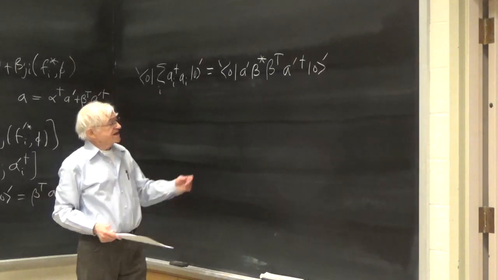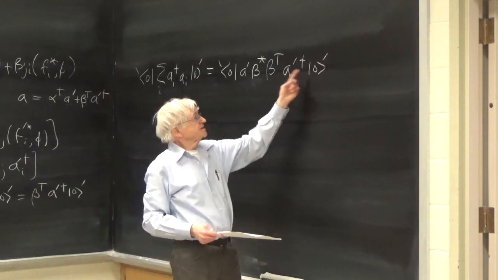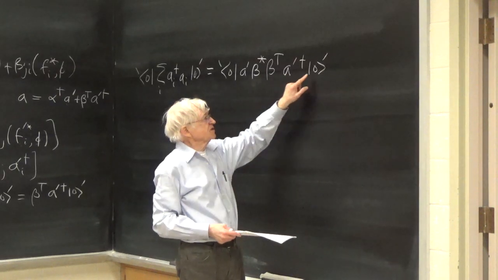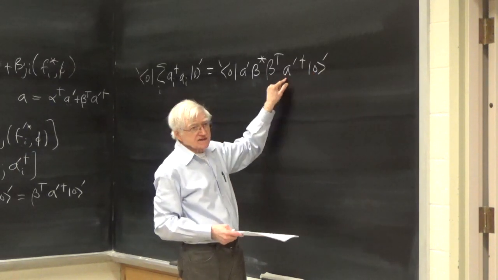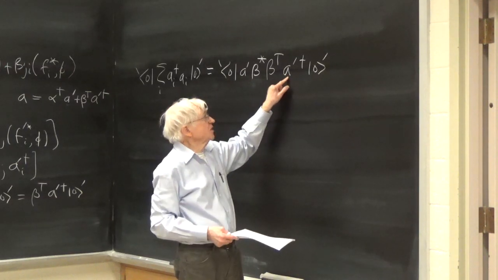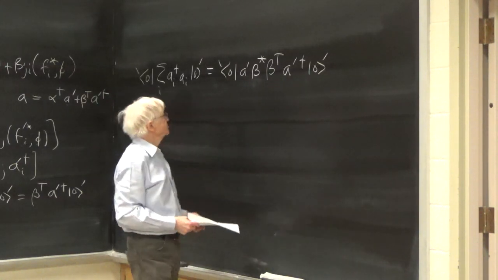So basically, these guys typically do not annihilate the vacuum. In fact, what the A primes do is they map the vacuum state into the one particle state, or one particle of a particular mode. I'm using matrix notation here.